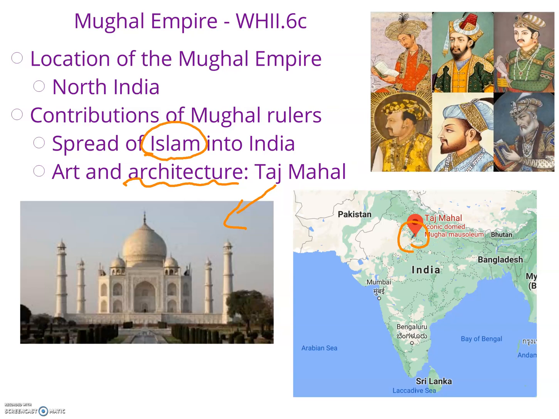But the Taj Mahal is a mausoleum, a tomb to the wife of a Mughal ruler named Shah Jahan. Now it is one of the World Heritage Sites for India, and it's one of the most famous places that people go to see when they travel to India.